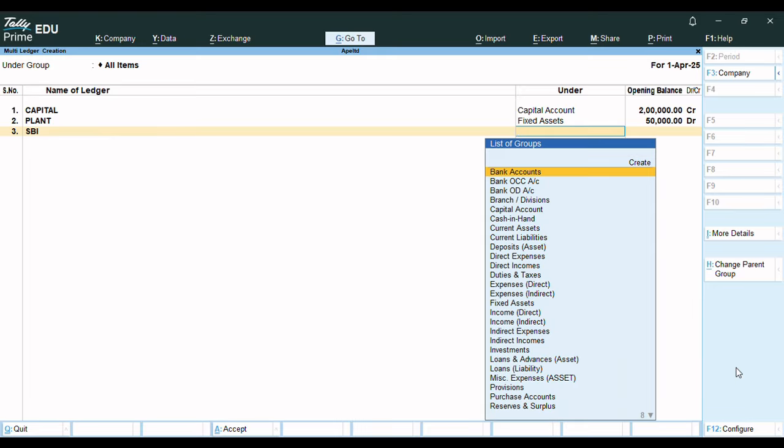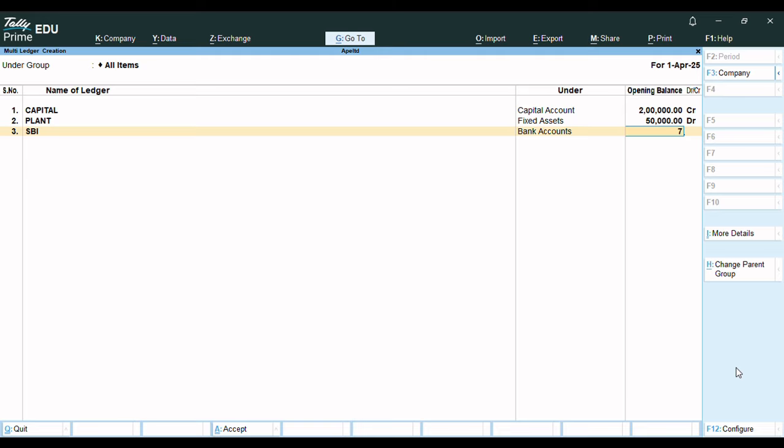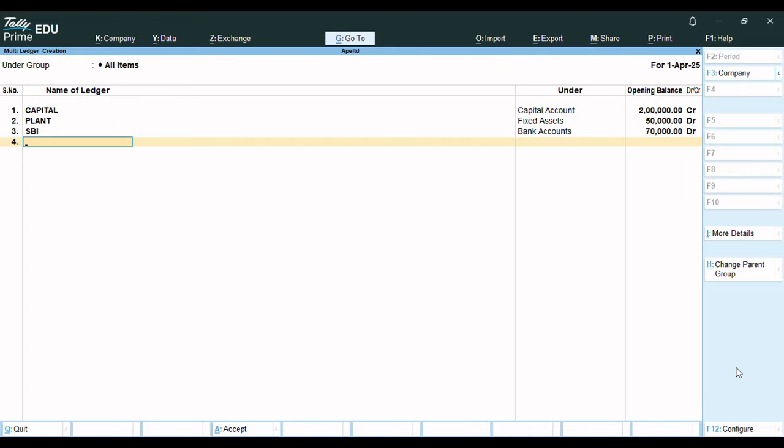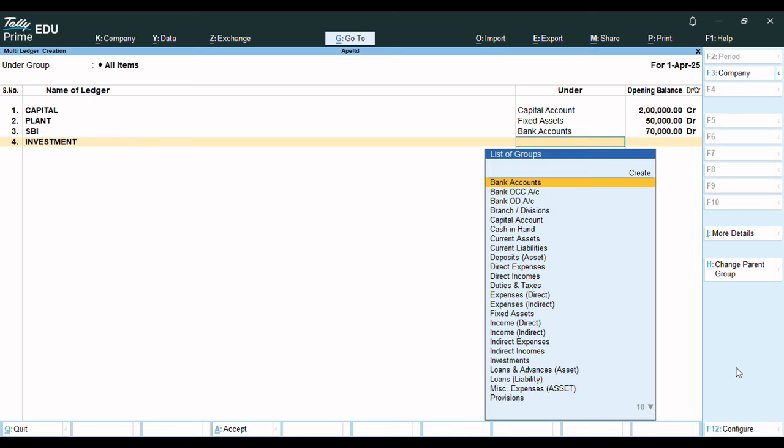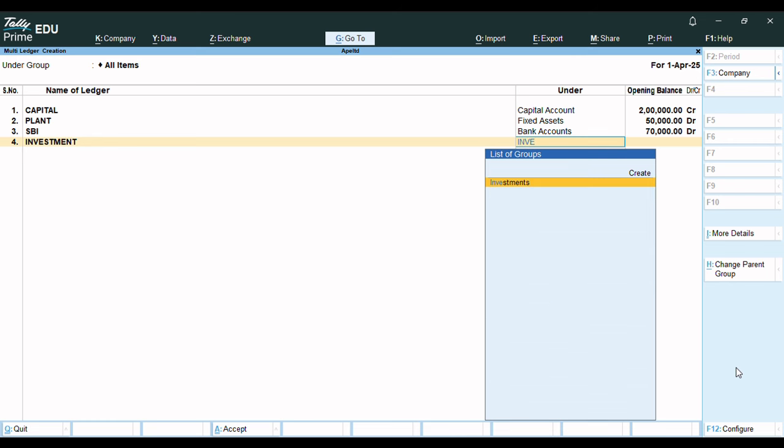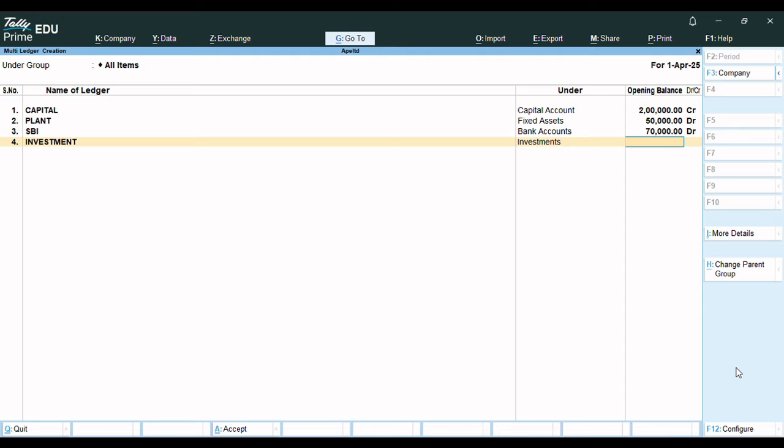SBI will come under bank account, 70,000. Next is your investment. Investment will come under the head of investment only, and the investment amount is 20,000. Okay, so here I leave the debtors, creditors, and the stock.